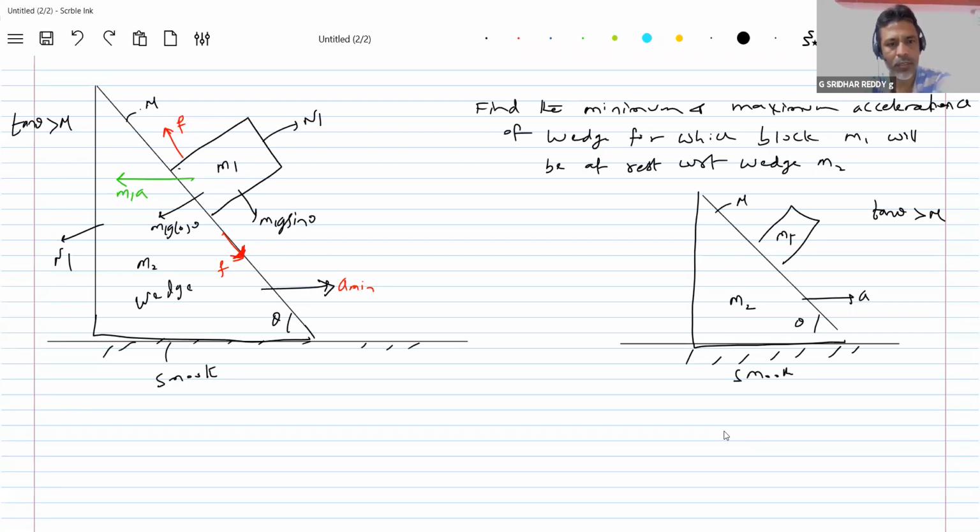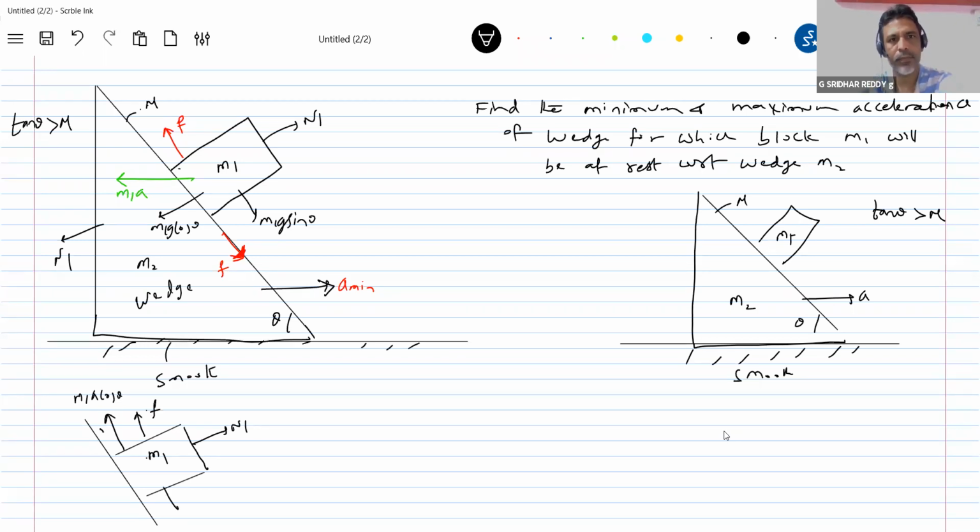on the block. What are the forces? N1, m1g cos theta, friction, then m1g sin theta, m1a sin theta, m1g cos theta.